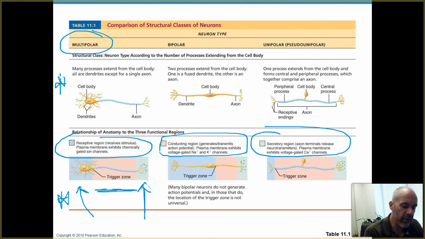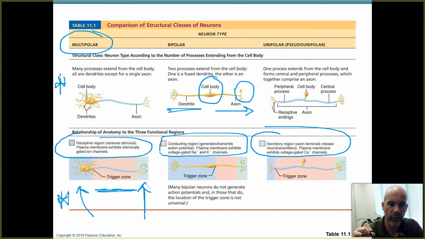A bipolar neuron, so notice the cell body here is in the middle, and then you've got this one long dendrite with some little branches on the end of it that extend out to one area, and then the axon goes in the opposite direction, and it can have some branches on it as well. So the receptive region can be all along here, all the way up toward the cell body, and if the cell body receives enough stimulation, an action potential gets generated.